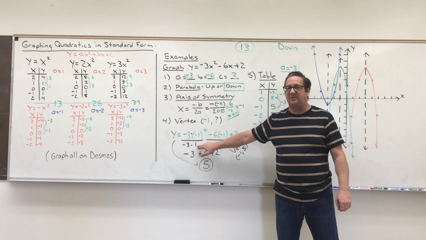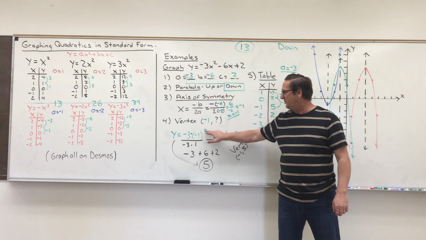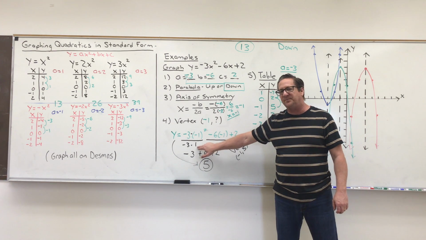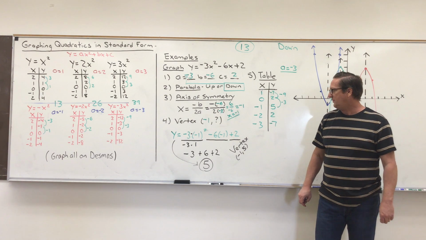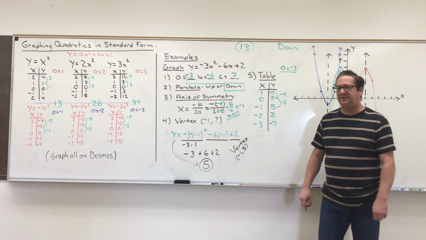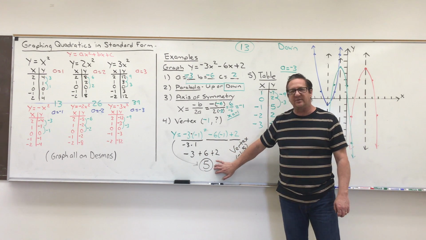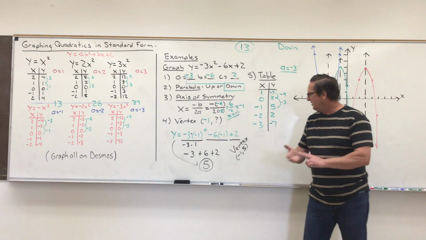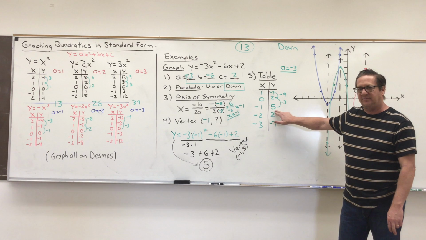I've said it every problem. So don't do -3 times -1. It's -1 squared is +1. -3 times 1 is -3. -6 times -1 is 6, plus 2. And if we add those up together, we get 5. So my vertex is -1, 5.